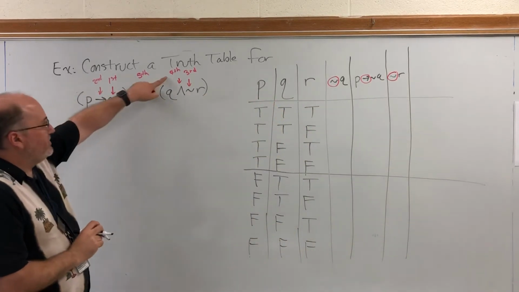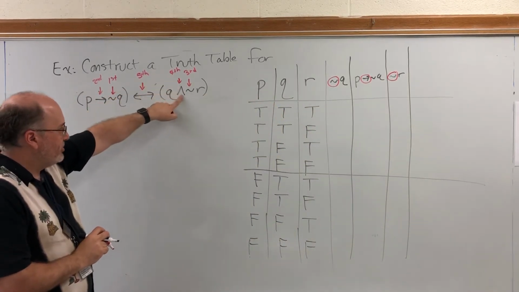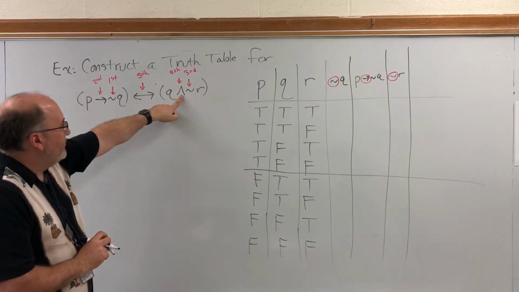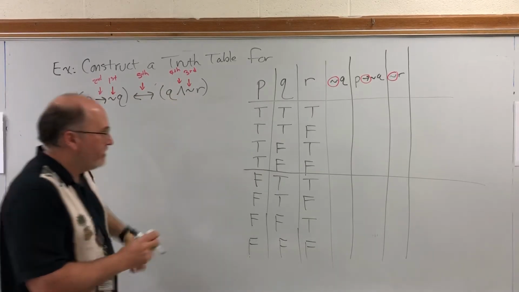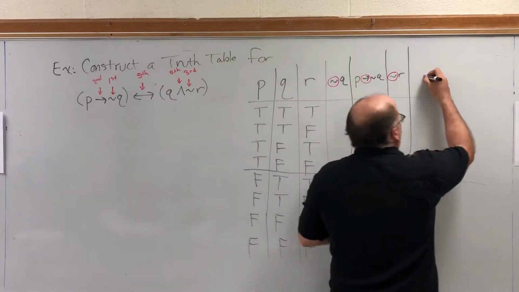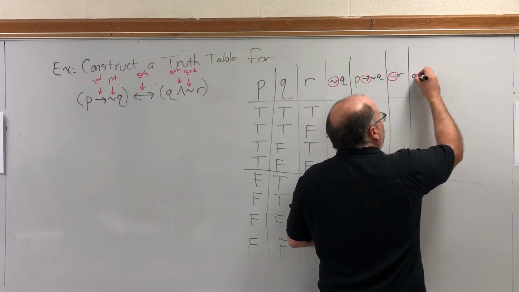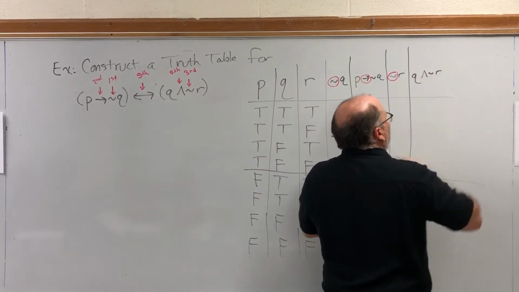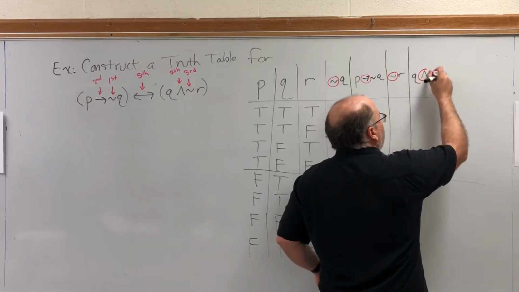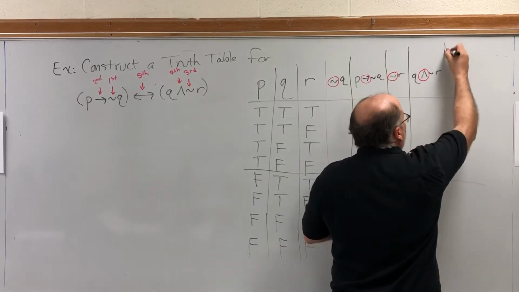The fourth connective we're setting up a column for is this conjunction. To the left of it is Q, to the right of it is negation R. So conjunction, Q on the left, negation R on the right. We are setting up a column for the conjunction, so that's the rule we will use there.